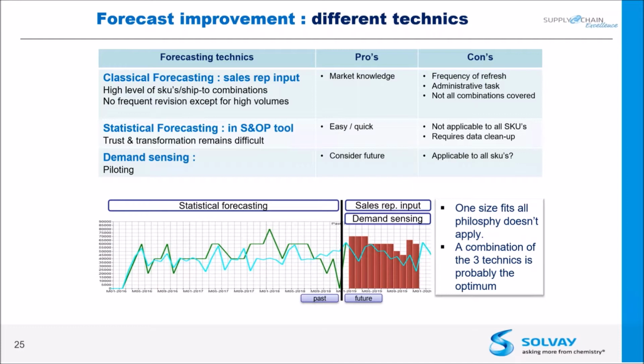Then we have the statistical forecasting that we run through the S&OP tool and during the S&OP process. Advantage, of course, it's automated. And now we are piloting the demand sensing. The fundamental change between leading indicators and statistical forecasting is that statistical forecasting, as Bram explained, is looking at the past, but is blind for the future, where leading indicator is the contrary.